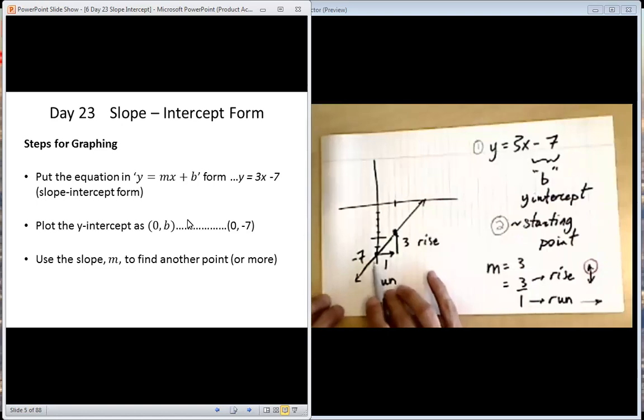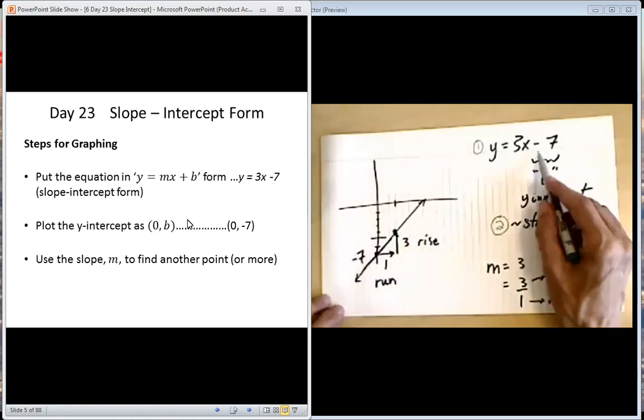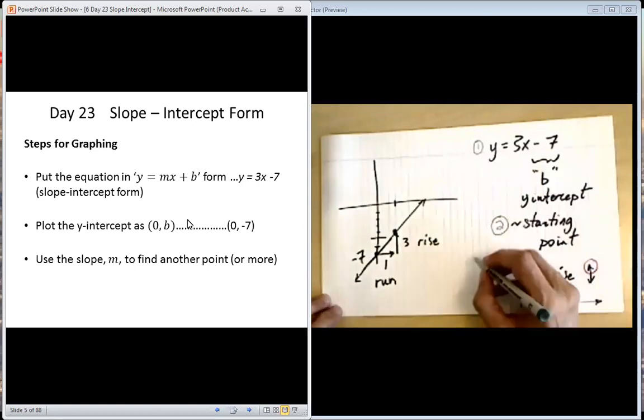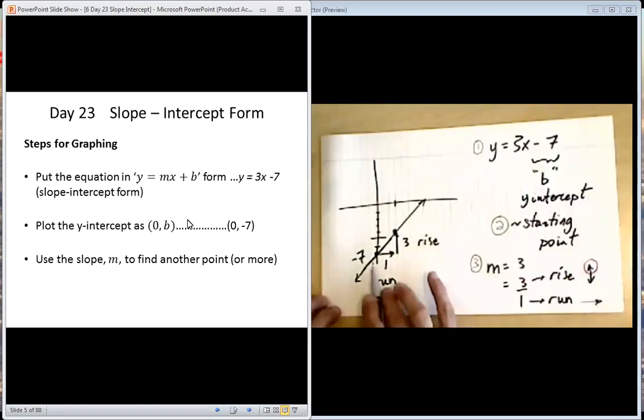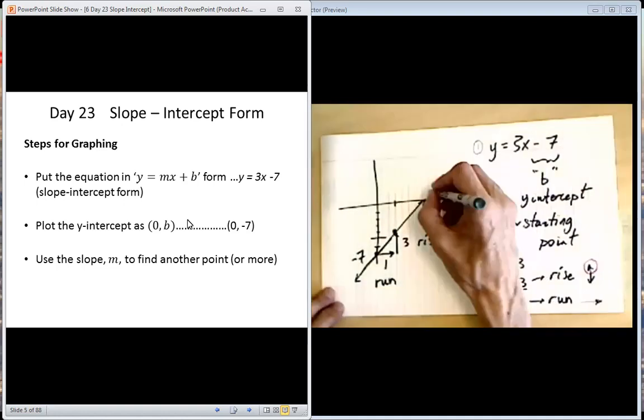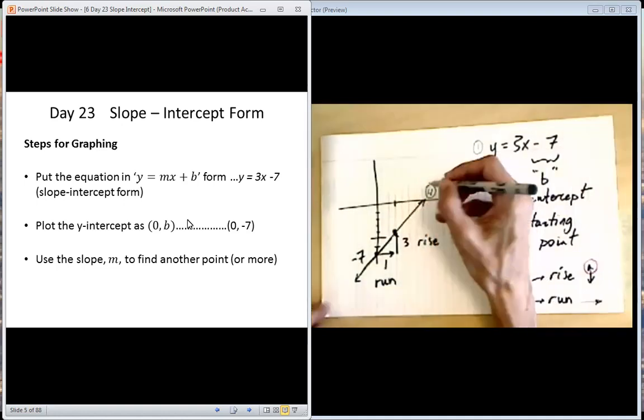A point on the graph. Starting point from the y-intercept that we see in the equation. And then the third part is to use the slope to get from our starting point to another one. Number 4, I guess, would be to connect the dots, and it's done.